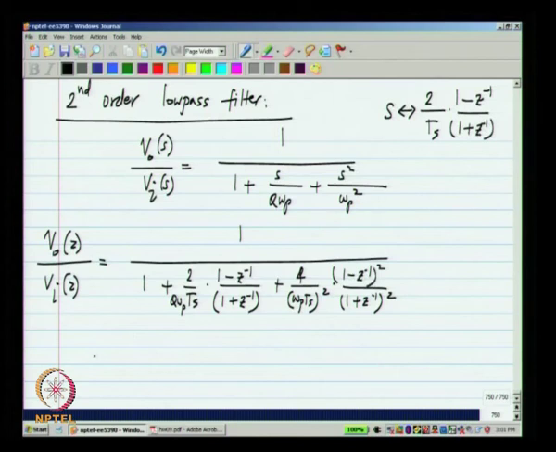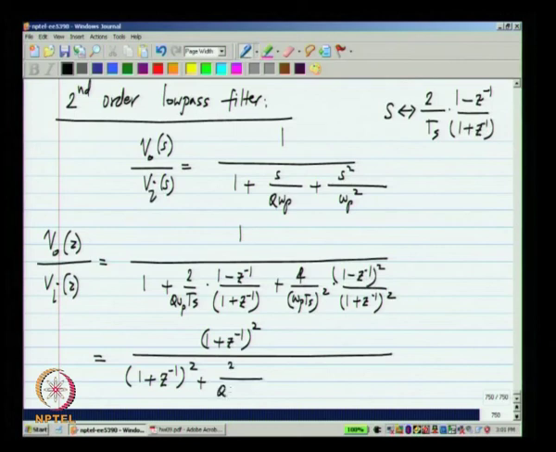And this basically will be 1 plus Z inverse square divided by this whole thing.